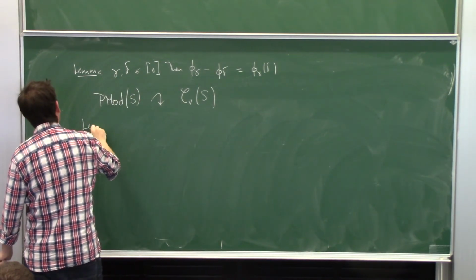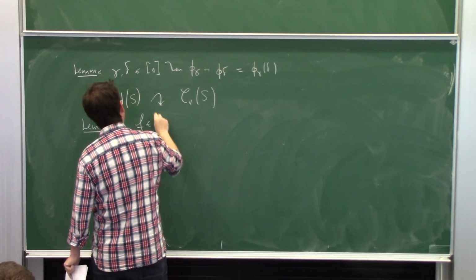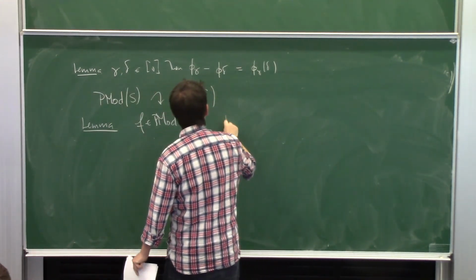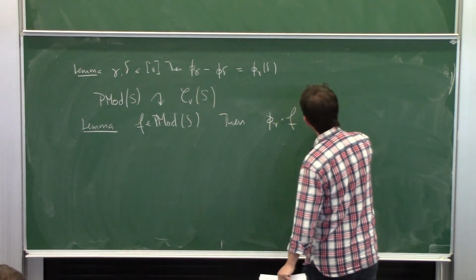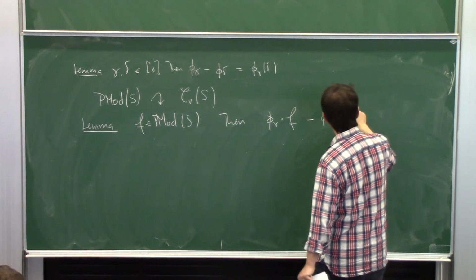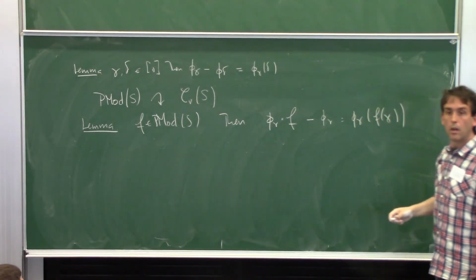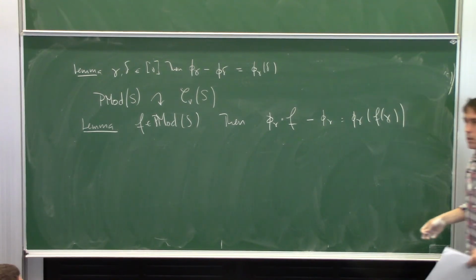So lemma 2, how does it act? How does a mapping class change this data? Then phi gamma composed with f minus phi gamma. This is phi gamma of f gamma. Okay. So this is just you write down the definition. This is a one-line proof.